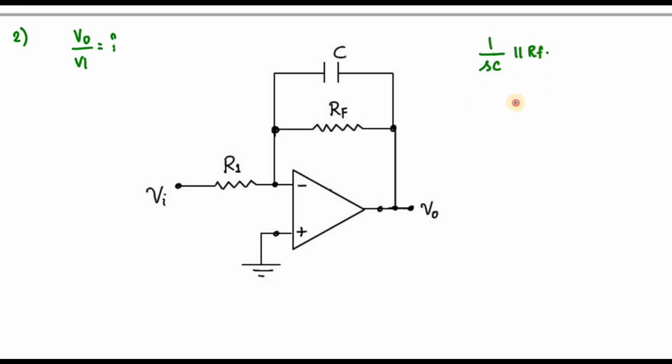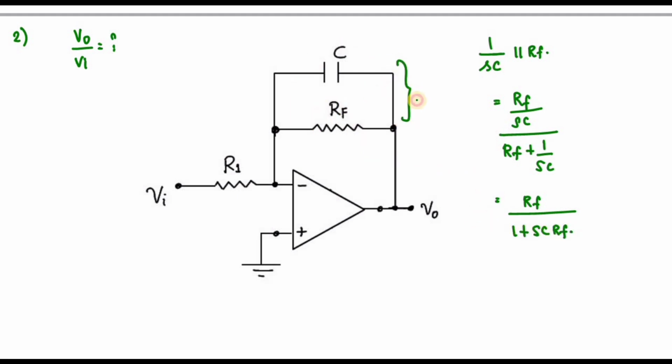So I can write it as RF into 1 by SC divided by RF plus 1 by SC, right? So RF divided by 1 plus SC RF. This is my resistance value. I can take this as ZA.